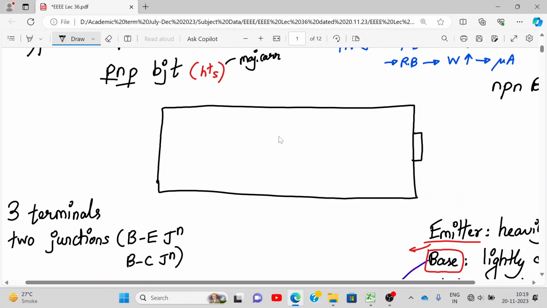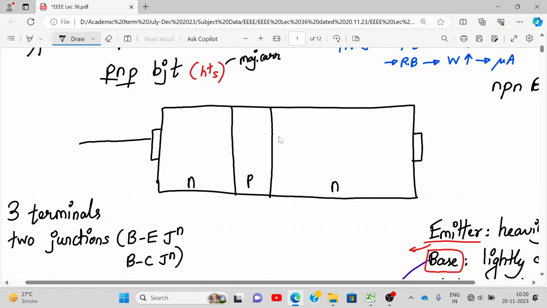Okay. So here we have it divided into 3 parts: emitter, base, collector. So here is my emitter. Let's say we consider an NPN BJT, so this is N type. Then we have the base region. This is my base, this is P type, and this is my collector. So please draw the diagram along with me.